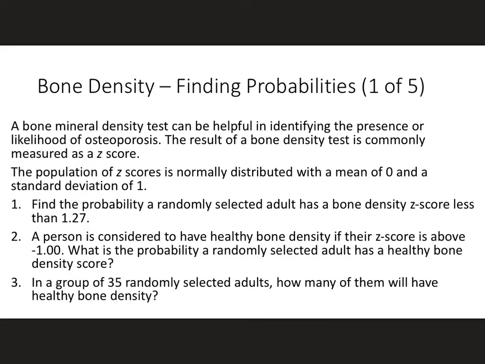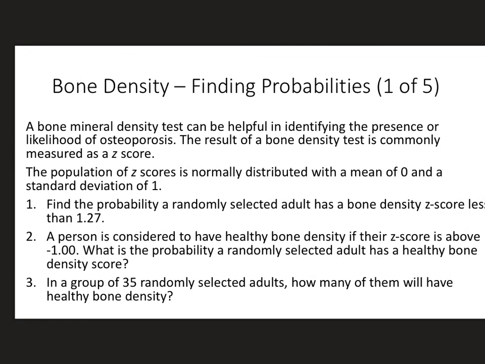So here we're going to look at bone density. We have a bone mineral density test that can be helpful in identifying the presence or likelihood of osteoporosis. The result of a bone density test is commonly measured as a z-score. The population of z-scores is normally distributed with a mean of 0 and a standard deviation of 1.